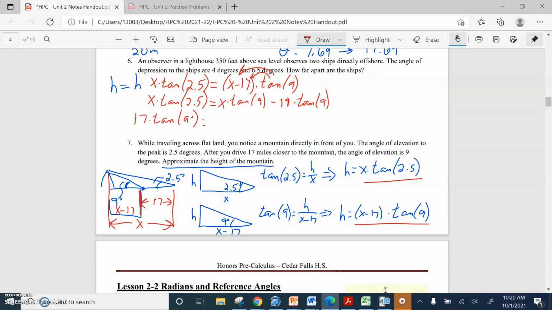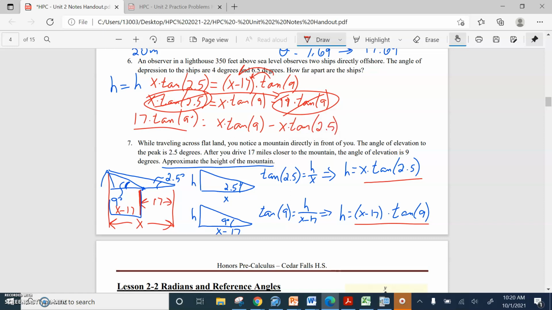If I add this to both sides, it goes from this side over to here. If I subtract this term from both sides, it goes away from this side and comes over here. So really, I get 17 tan 9 equals x tan 9 minus x tan 2.5.